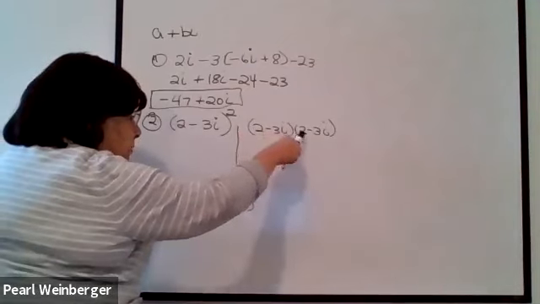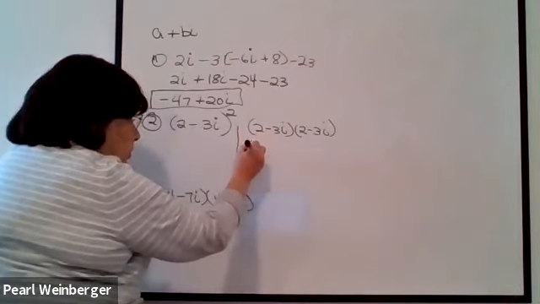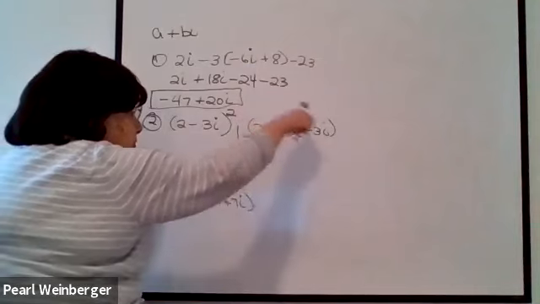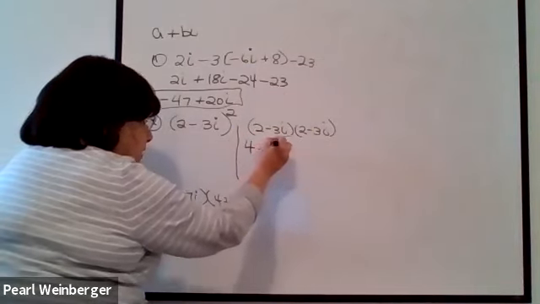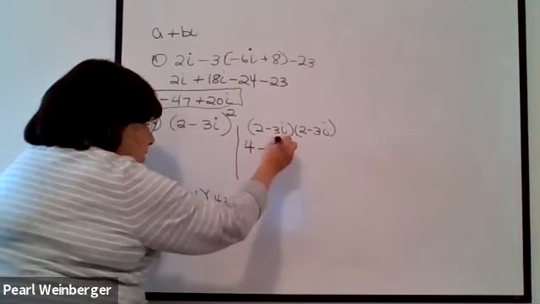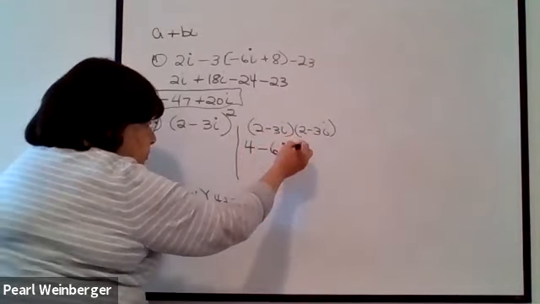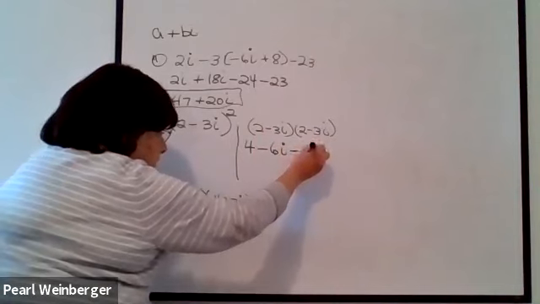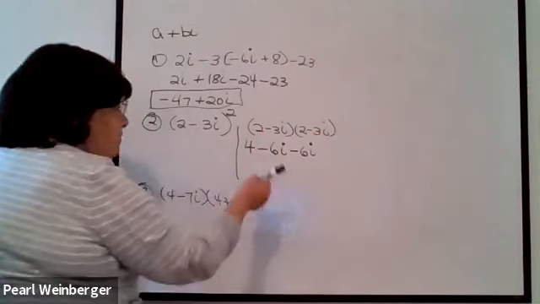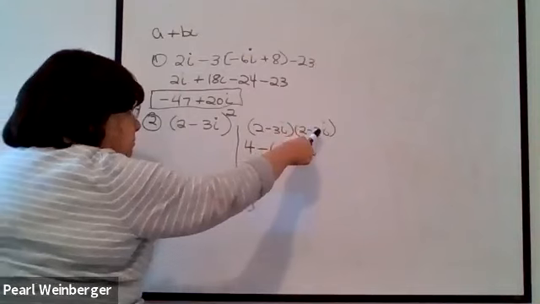First, 2 times 2 is 4. Outer, 2 times negative 3i is negative 6i. Inner, negative 3i times 2, which is again another negative 6i. And finally, negative 3i times negative 3i.